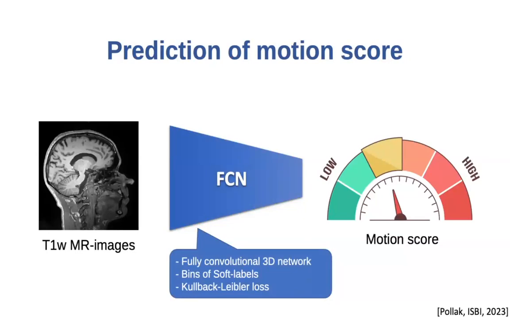We use a fully convolutional 3D network, as I said, with bins of soft labels and the Kullback-Leibler loss to train this. So basically, we predict the probability distribution instead of just the scalar scores. And this seems to help a lot in this case.